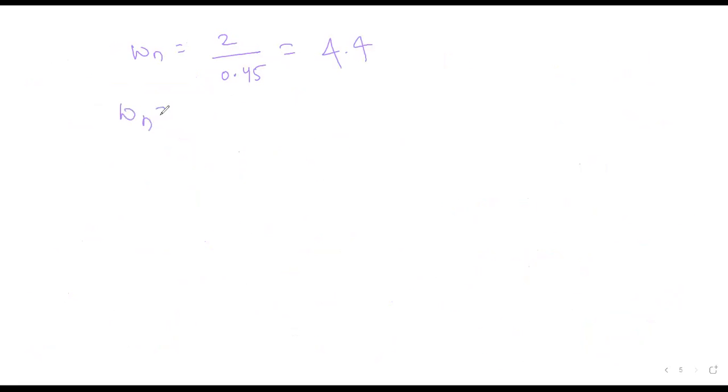Now you know omega n is under root k by J, or you can say omega n squared is k by J. So you know k, J is what? Omega n square into k.